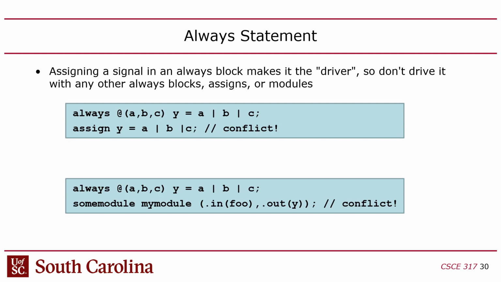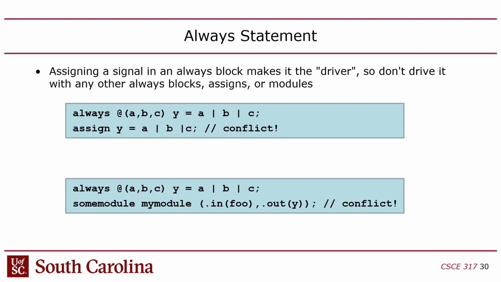This module also assigns y, which we know just because one of its ports is called out, and it's pretty obvious that that's an output port. We don't know it's an output port from this line. You'd have to drill down and look at the module description to know that for sure. But I'm assuming that this module is driving y, and this always statement is driving y, so this would be a conflict. You don't want to do that.